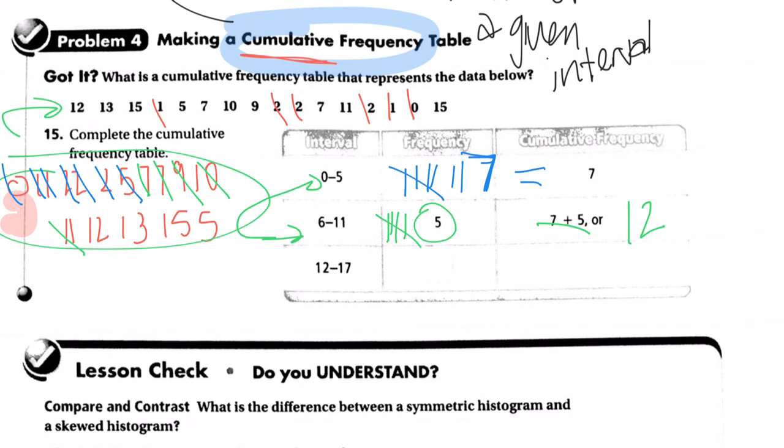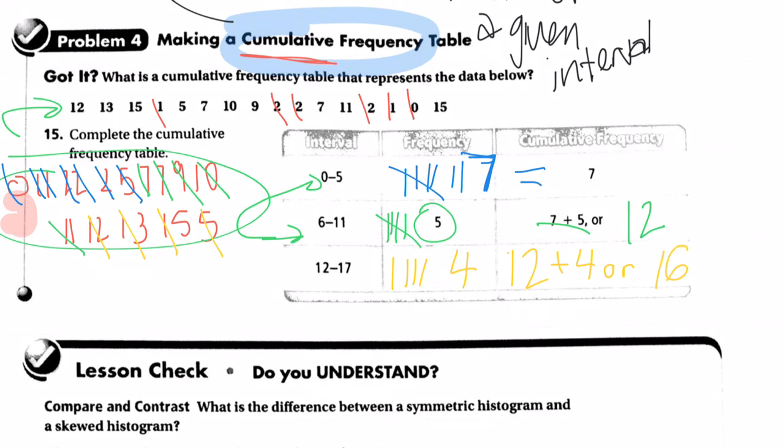The last interval, we have 12 to 17. So 1, 2, 3, 4. So my frequency is 4. And then my cumulative frequency is 12 plus 4, or 16.